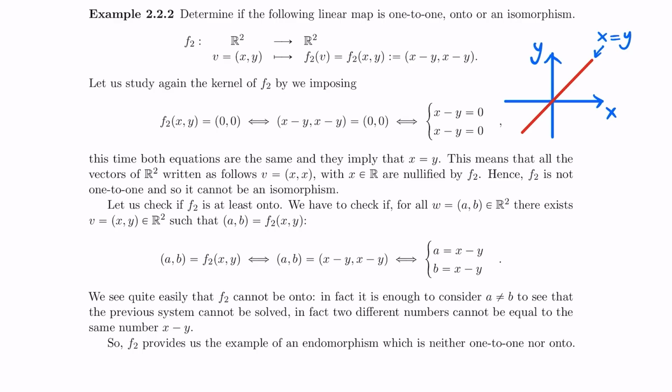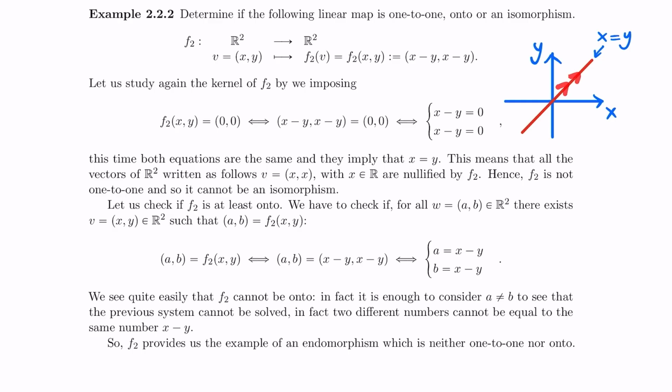As a consequence, we have that all the vectors that appear in the kernel of F2 have this expression here. Of course, we have the null vector, because the null vector has components 0, 0, they are the same, and so it belongs to the kernel of F2, as it should be, but there are an infinite amount of vectors that belong to the kernel of F2.